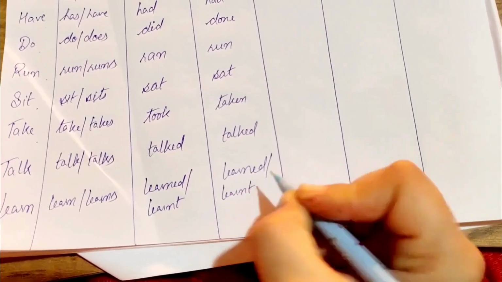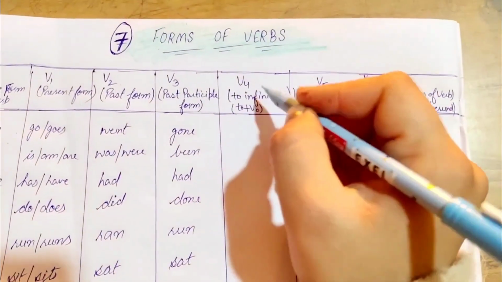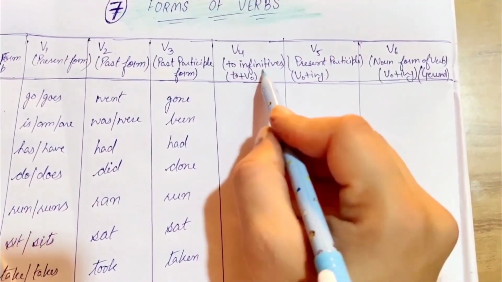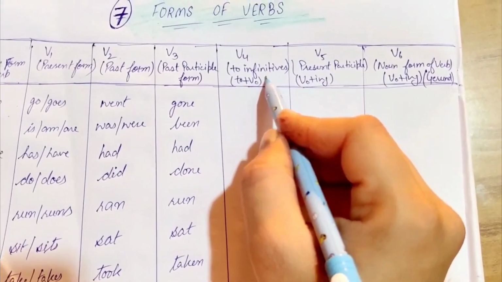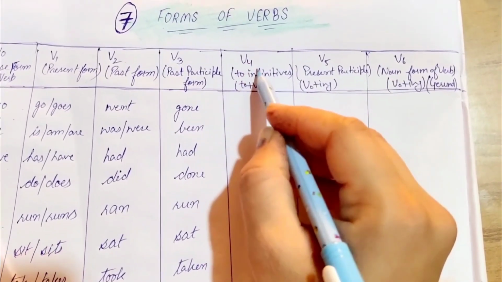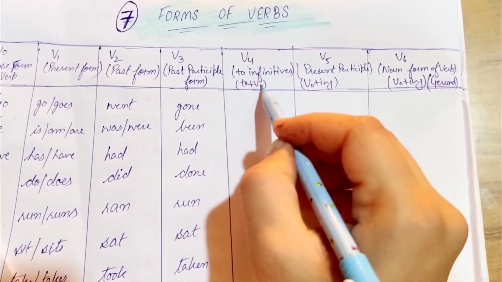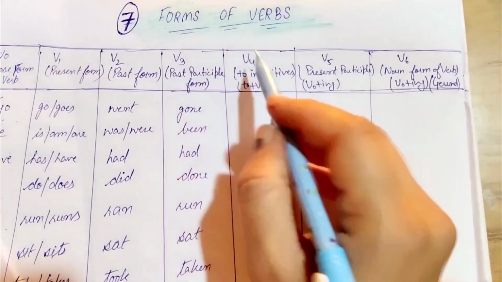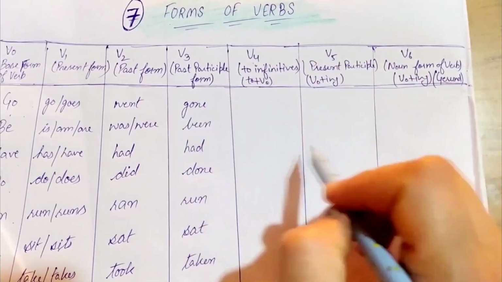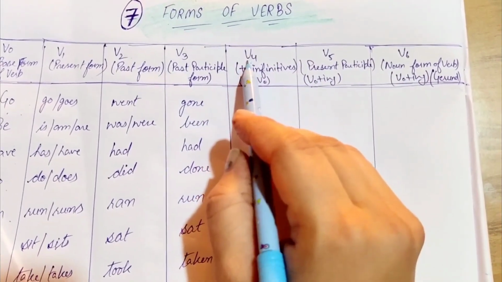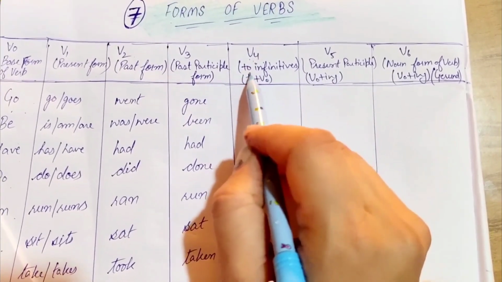Both work here also. Then there is to infinitive form of verb. Here I have given this a name, V4, although this name is not decided for this verb, but to conclude, to add it into the list, I have given it the name V4, but you have to learn it with this name. These are called to infinitives.